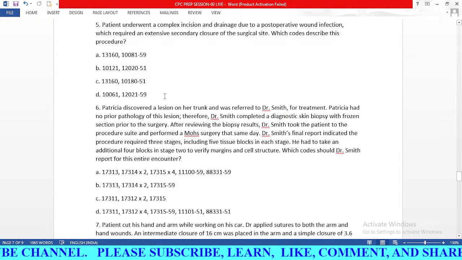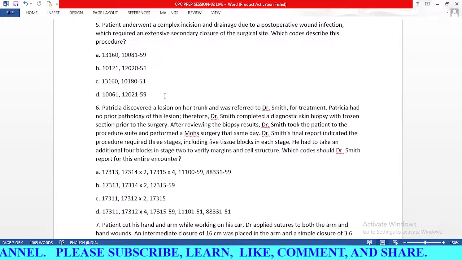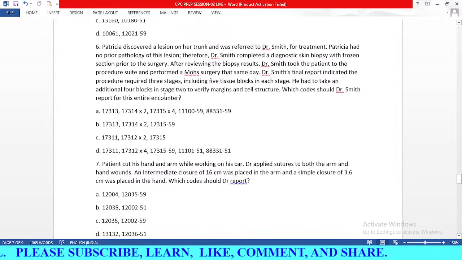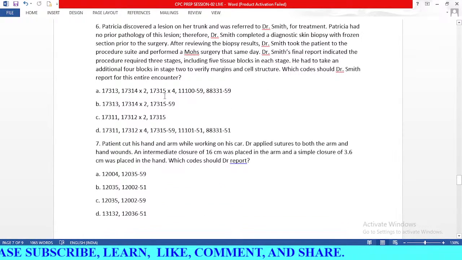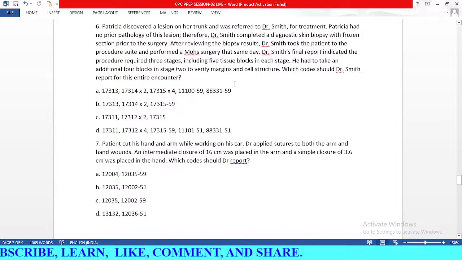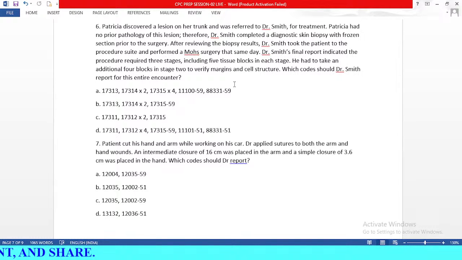So we will go ahead, we have four more questions. We will finish fast. So next one, Patricia discovered a lesion on her trunk. Yeah, no worries, Vinaya. You got it, right? So 13160 and 10180.